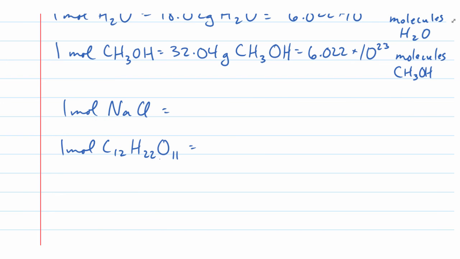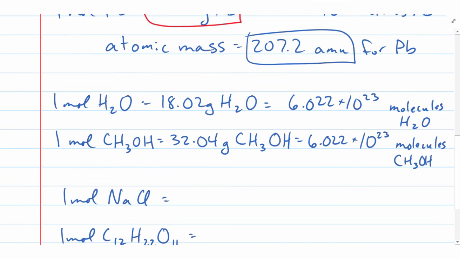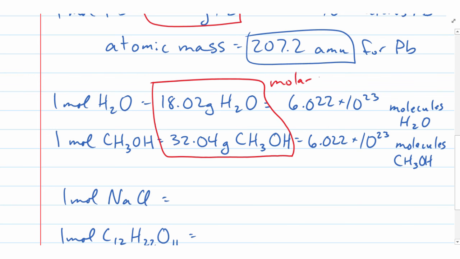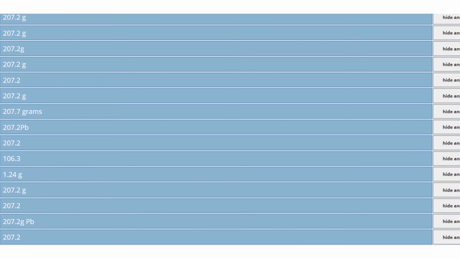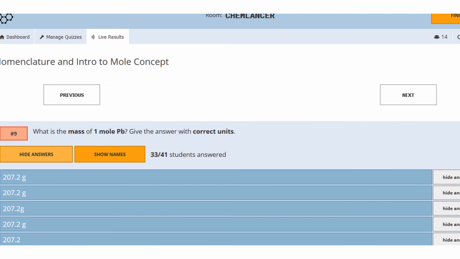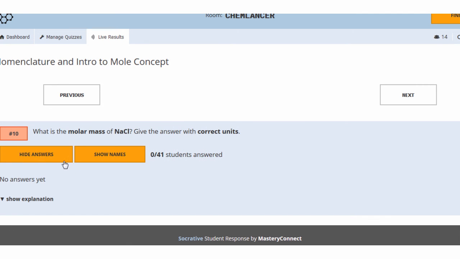We call these values, and these are on the Socrative app, these values here we call the molar mass as well. So the next question on Socrative, the next 2, deal with the molar mass of sodium chloride and of the sucrose. So calculate the molar mass of NaCl.